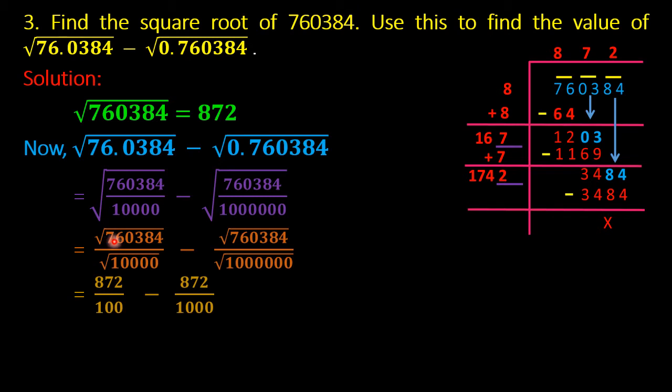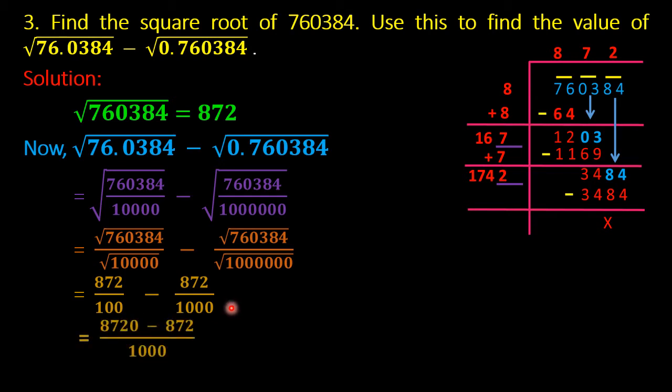So under root 7,60,384 is 872 divided by the square root of 10,000, which is 100, minus the square root of 7,60,384, which is 872. We are using this result, divided by the square root of 10 lakh, which is 1000. And here we first take the LCM of 1000 and 100.